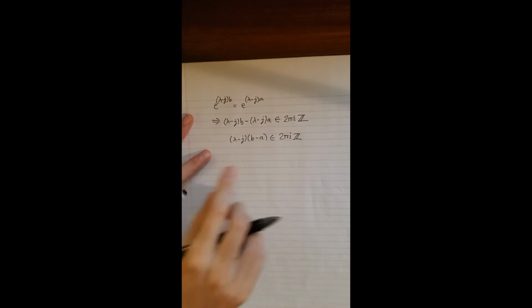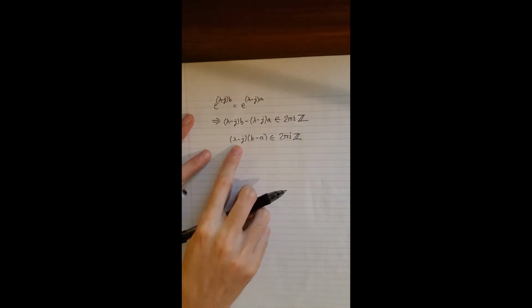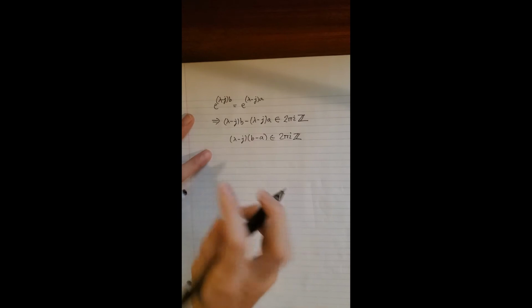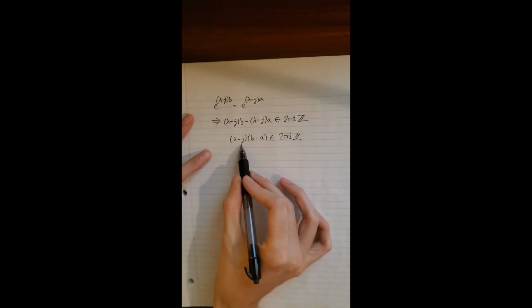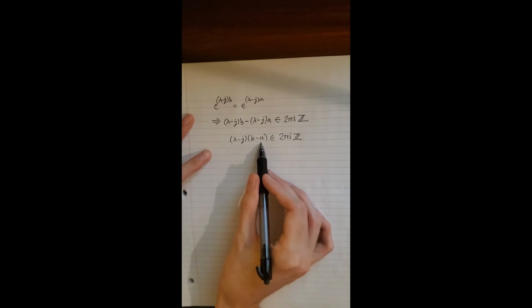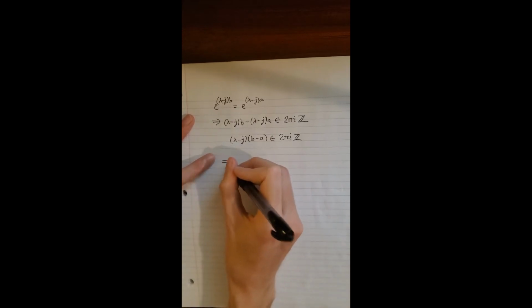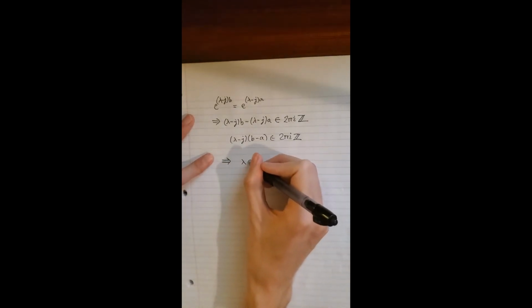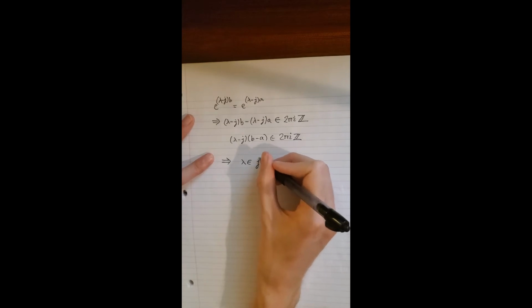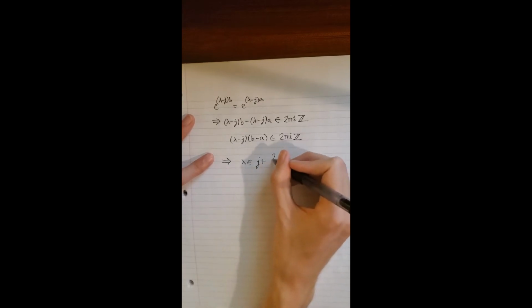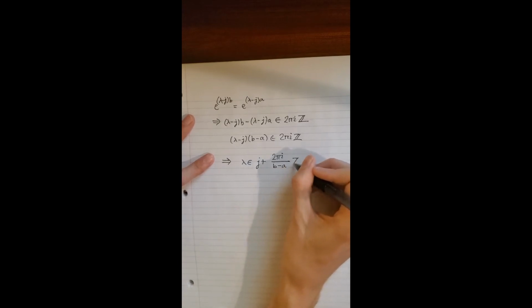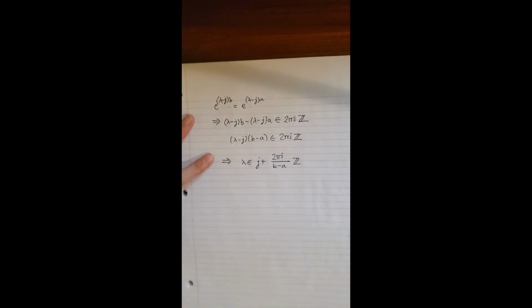Okay, but that means we can, so we assume that we fixed j, right? And we have this contour from a to b. So let's solve for lambda. It means that lambda has to be of this form, where you take j plus 2 pi I divided by b minus a times an integer, right?